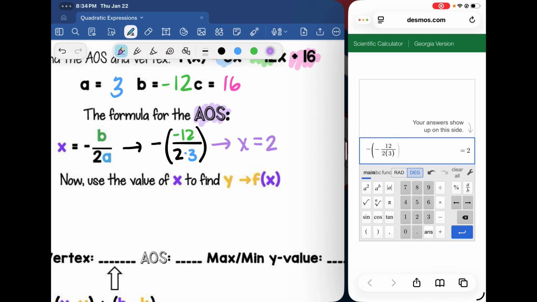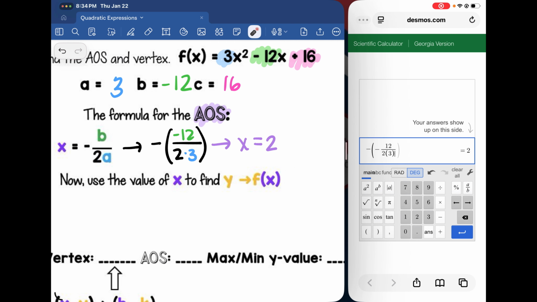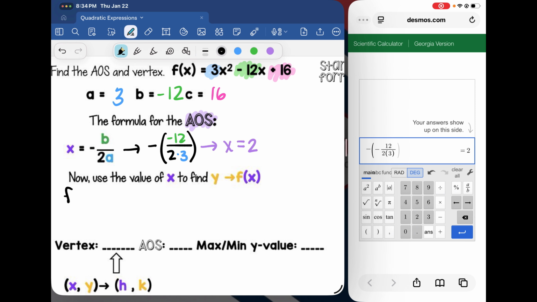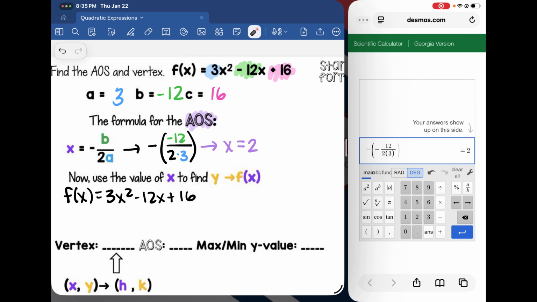Now we need to find the y value because we want to find the vertex. So we're going to use x to find y with function notation. Throwback lesson. The equation is f of x is equal to 3x squared minus 12x plus 16. But I already know my x value. The x value is 2.